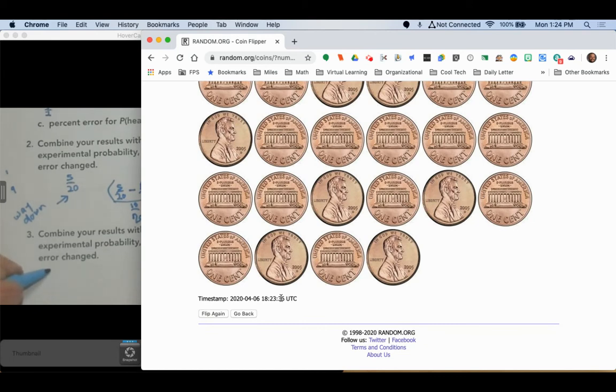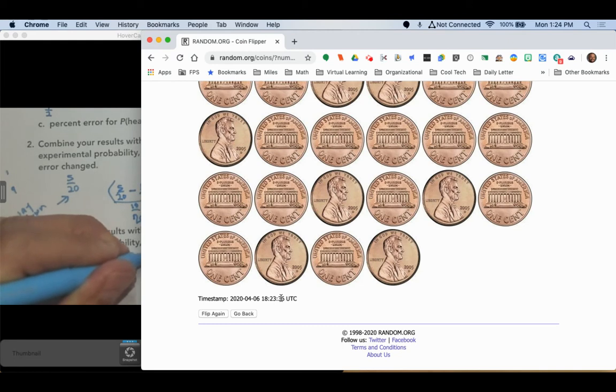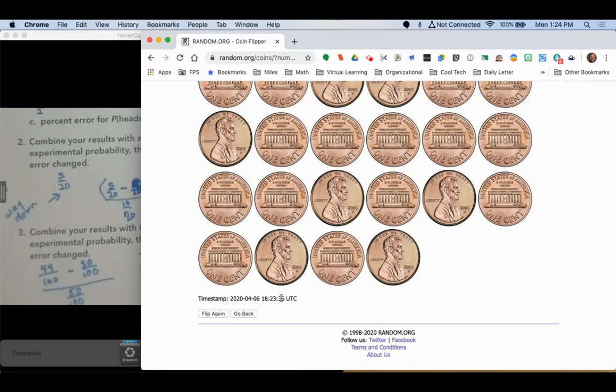Okay. So now we have 44 out of 100 for our experimental probability. We're subtracting our theoretical, which would be 50 over 100, and that's all over 50 over 100. And then that would be the same as negative 6 over 100, all divided by 50 over 100.